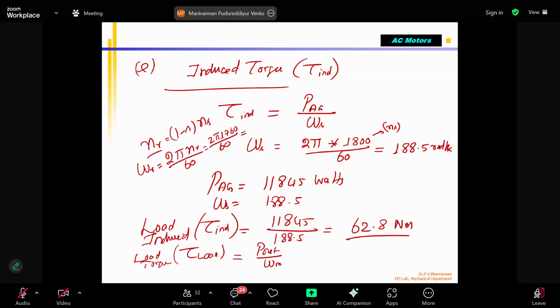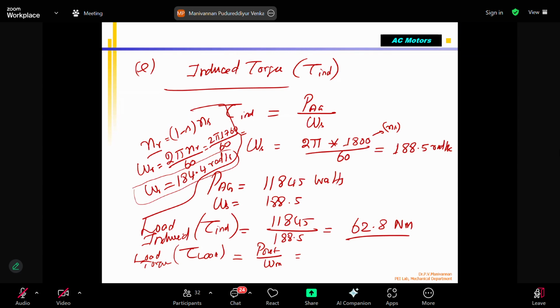And if you compute this, you will get, let me use calculator. It is going to be 184.4 radians per second. That is omega rotor, rotational velocity in terms of radians per second. Okay, this we can substitute here. And the P out already we know, correct?